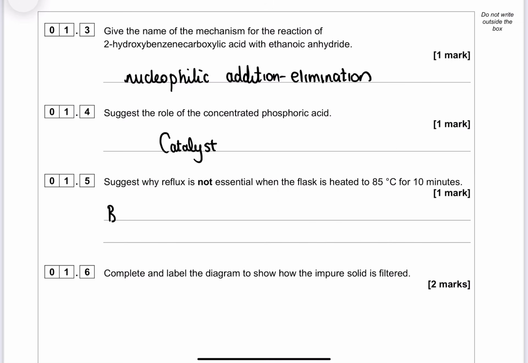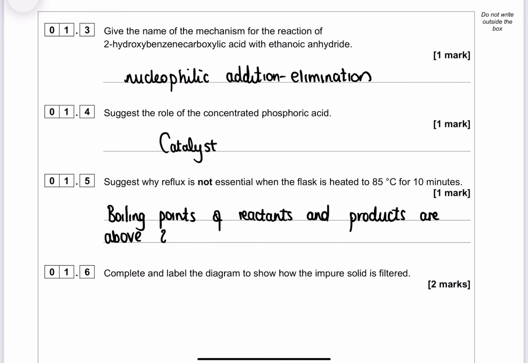So the boiling points of reactants and products are above 85 degrees C.